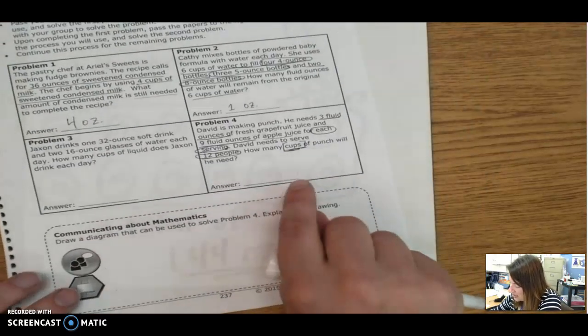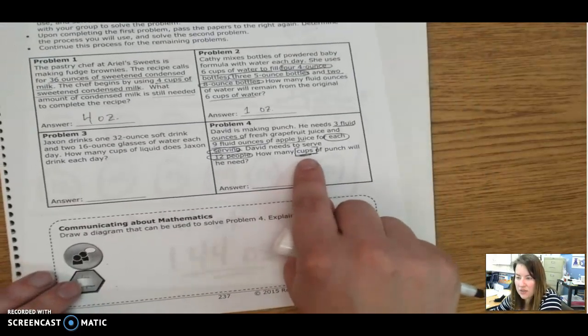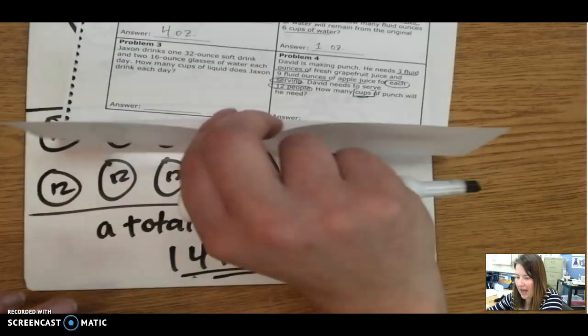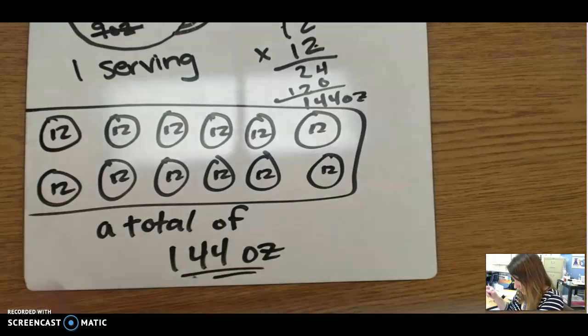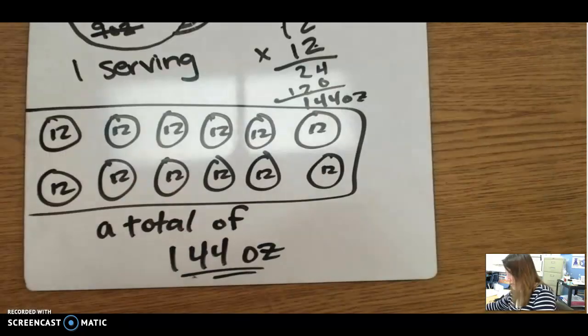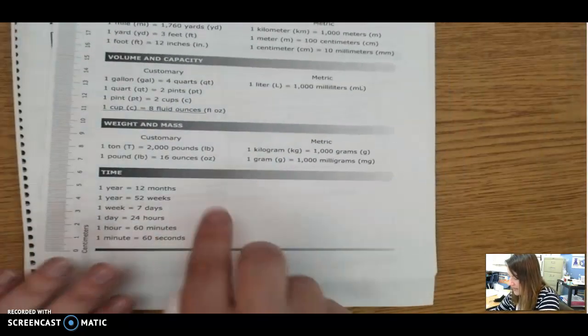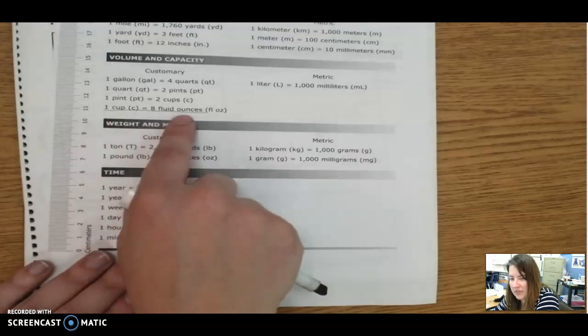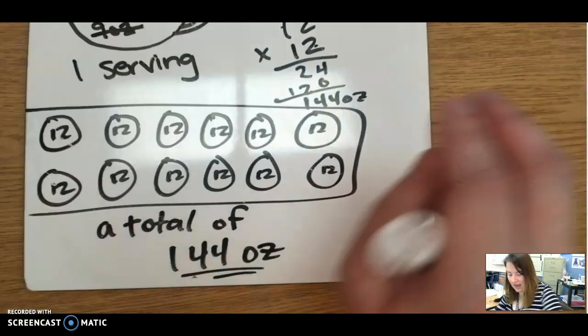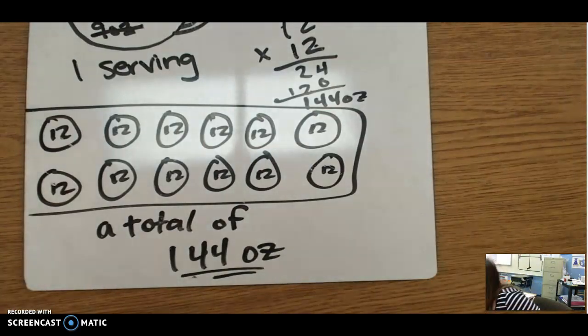Because the question is asking for our answer in cups. I have the total in ounces. Now I need to convert my answer from ounces back to cups. So I'm going to look here, ounces and cups. Well, 1 cup is 8 ounces. For this one, I have the ounces and I don't have the cups.